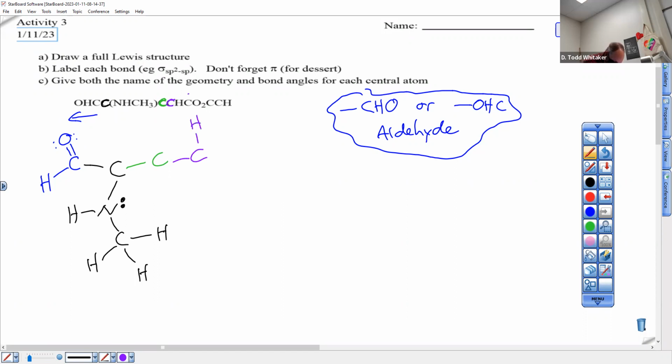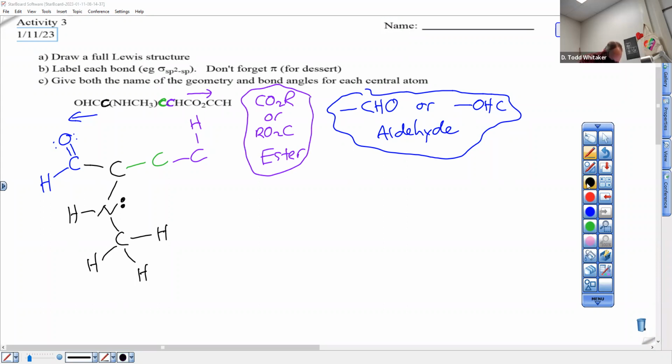There's another short form. CO2R or RO2C is ester. Oh man, did I get that in the way of my molecule? Probably. That's okay. CH is bonded to a carbonyl.